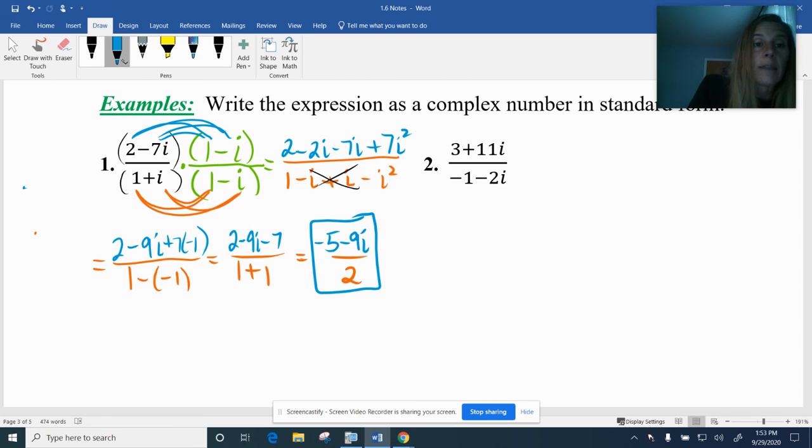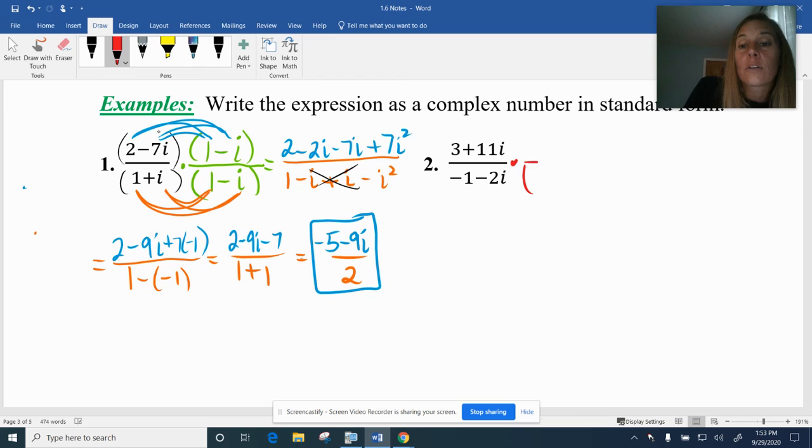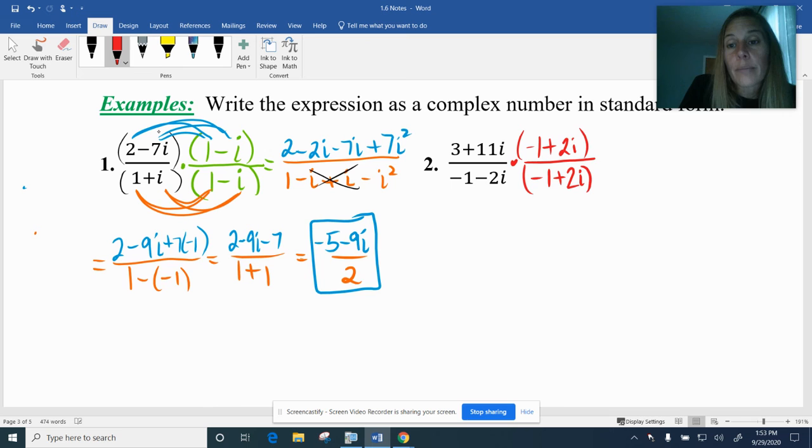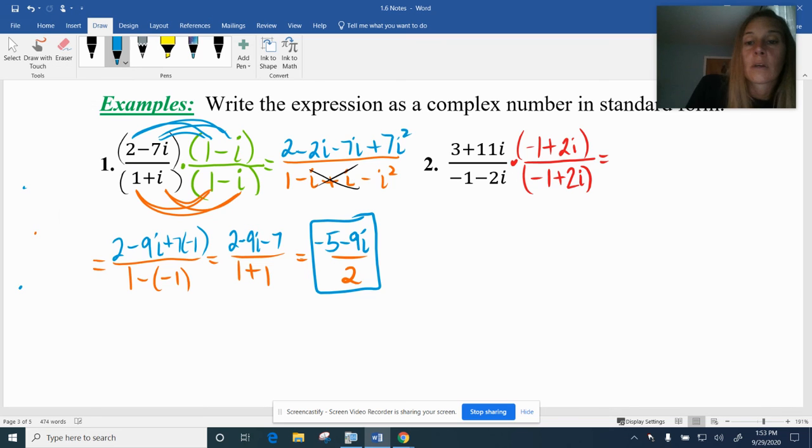Okay, so let's try this with the next one. First things first, you want to figure out what your conjugate is. So my conjugate is going to be -1 plus 2i. Notice I did not change the sign on the 1, just the middle sign. Same thing is going to get multiplied to the top. Okay, so now I'm going to do my bottom.